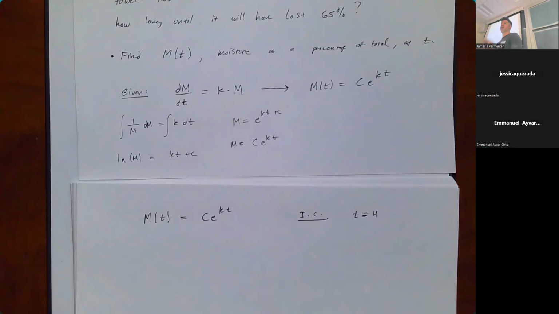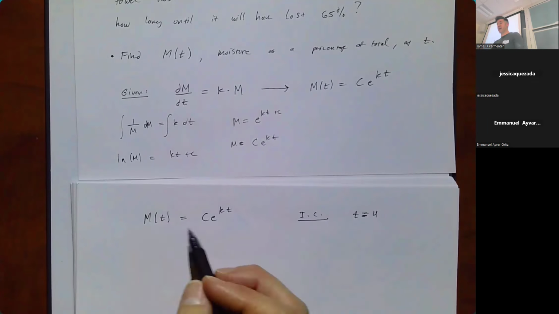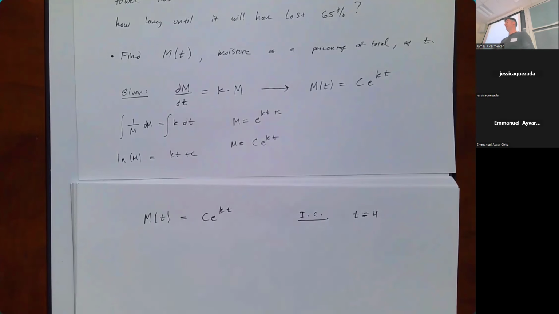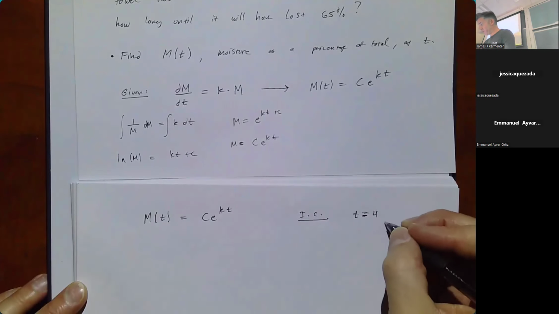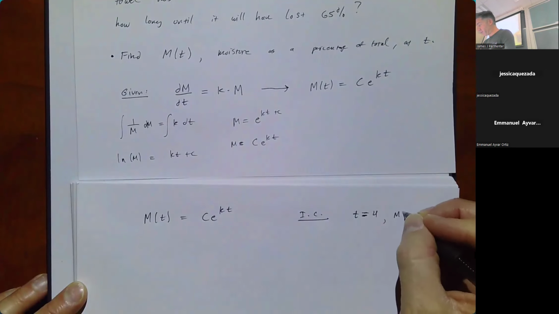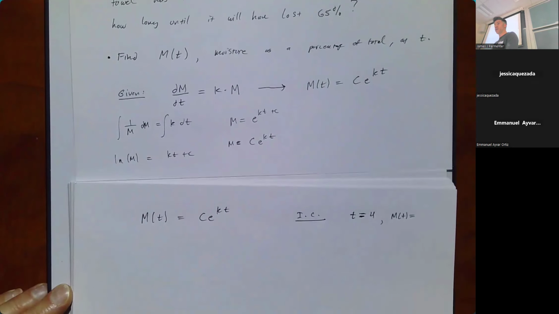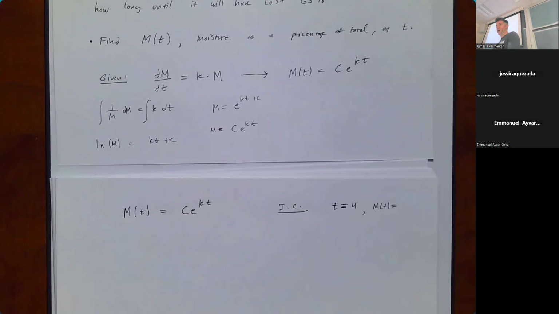Okay, but that's not what this says. This isn't telling us how much moisture we've lost. It's telling us how much moisture we have. So after 4 hours, the amount of moisture remaining should be 70% of the initial. So that's where things get kind of weird.